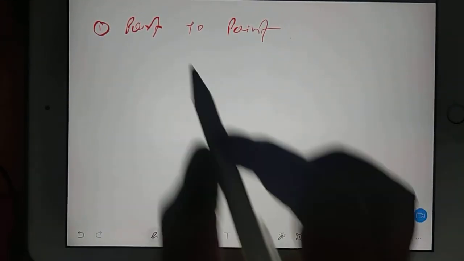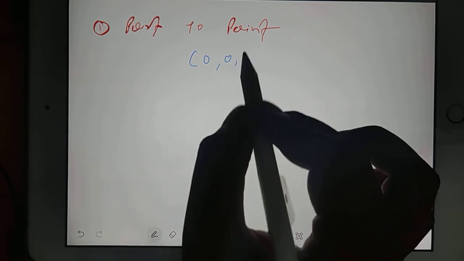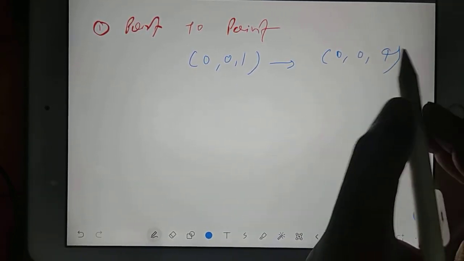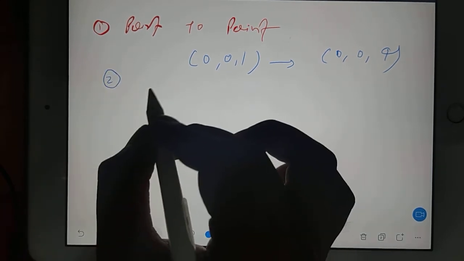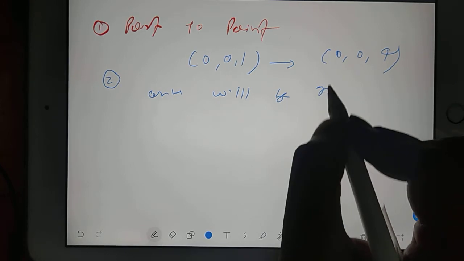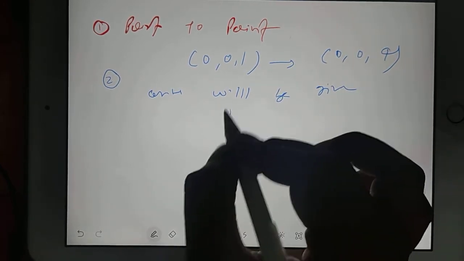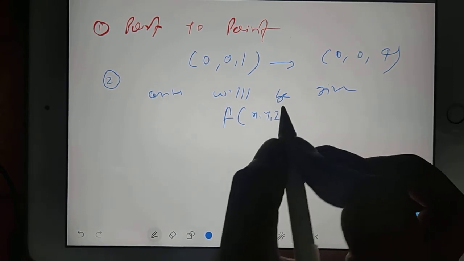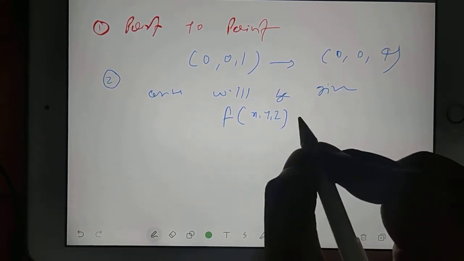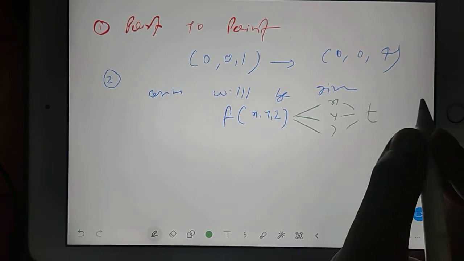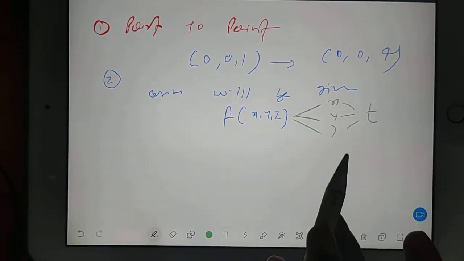For example, if coordinates are given as 0, 0, 1, 2, 0, 0, 4. And next, a curve will be given, meaning there will be a function given in terms of x, y, z, and further x, y, z will be functions of t. These two possibilities are there.